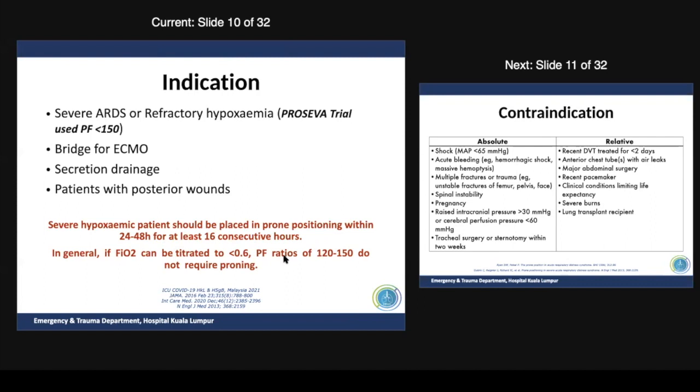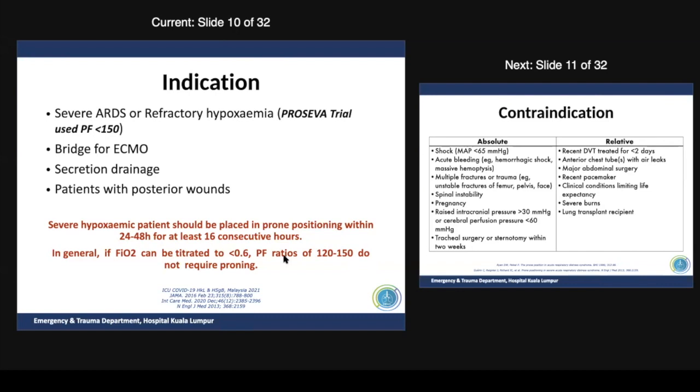So, if patient tu refractory hypoxemia despite of the treatment, despite of the conventional ventilation, and the PF ratio is between 120 to 150, with FiO2 yang kita tak boleh reducekan less daripada 0.6, then this kind of patient we need to prone.